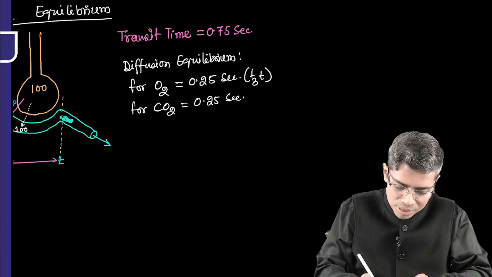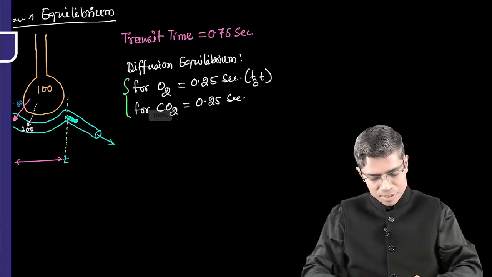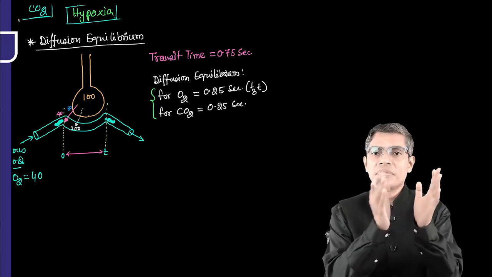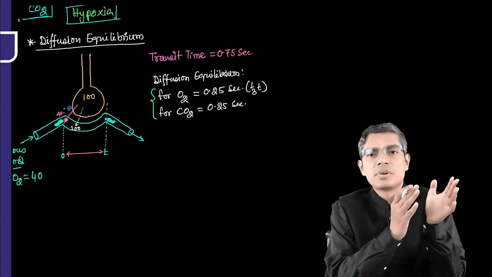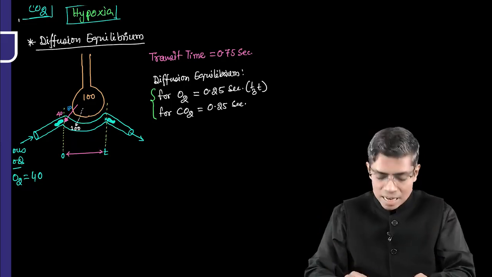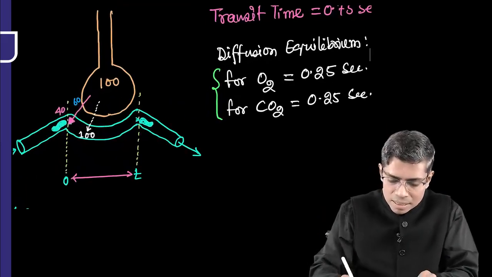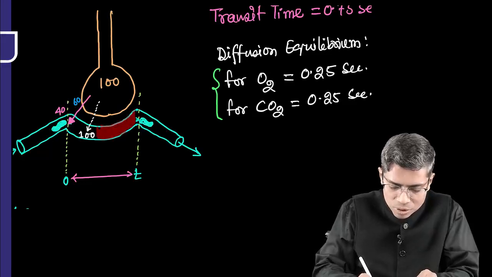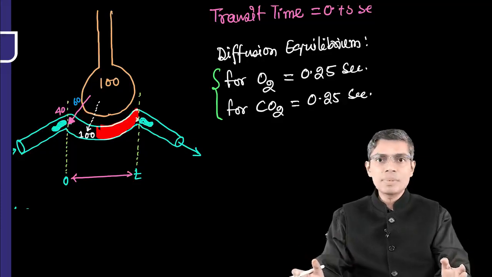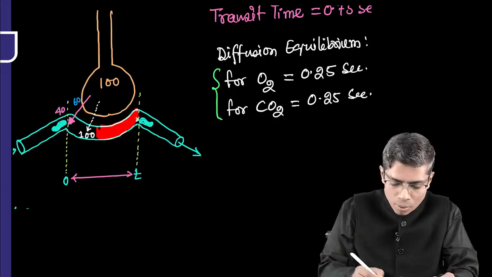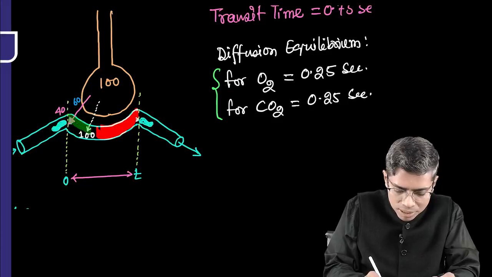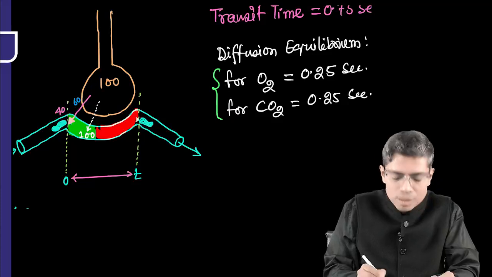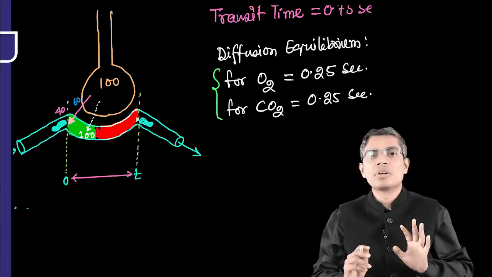So you have to remember this information for your future MCQ, that within the first 1/3 portion of the pulmonary capillary the diffusion equilibrium is reached. That means I can understand that in the remaining 2/3 of this pulmonary capillary there is no diffusion of gases at all. Getting my point? So diffusion is occurring only in the first 1/3 of this pulmonary capillary, and then the diffusion pressure becomes equal between the alveolus and pulmonary capillary.